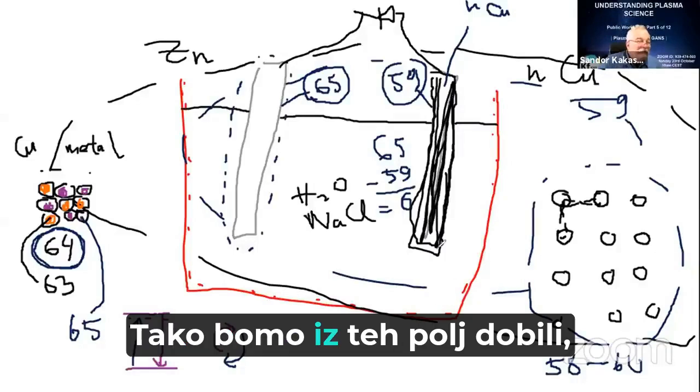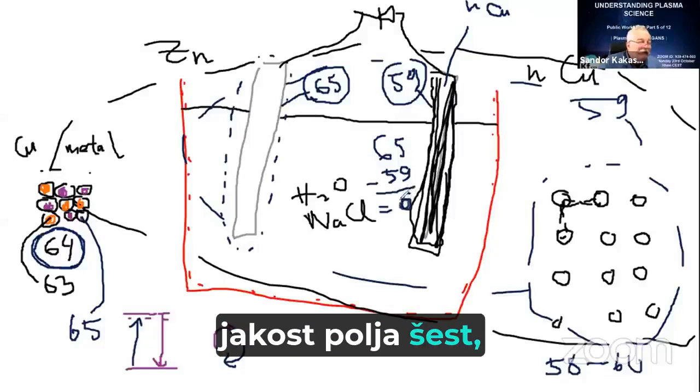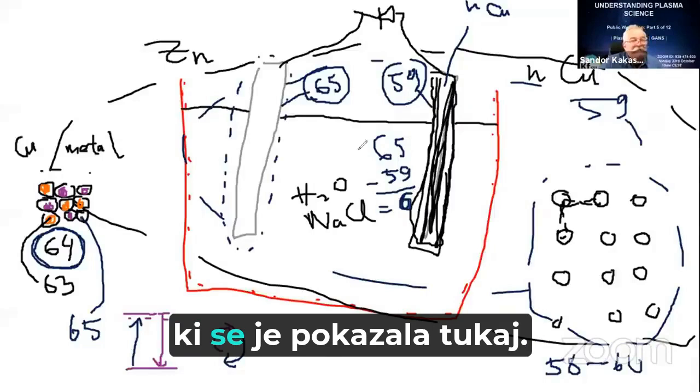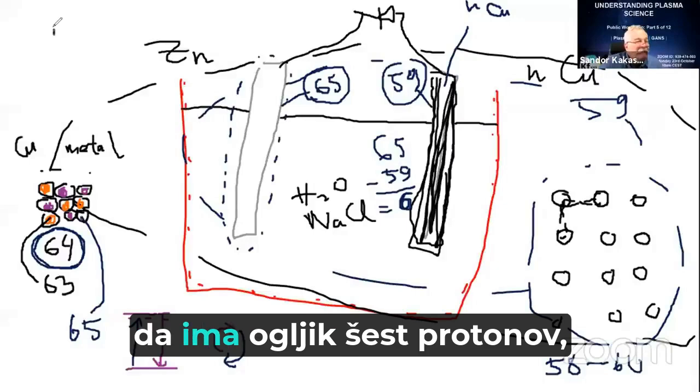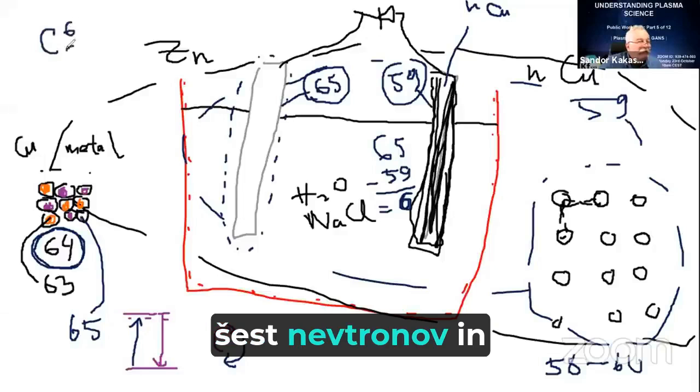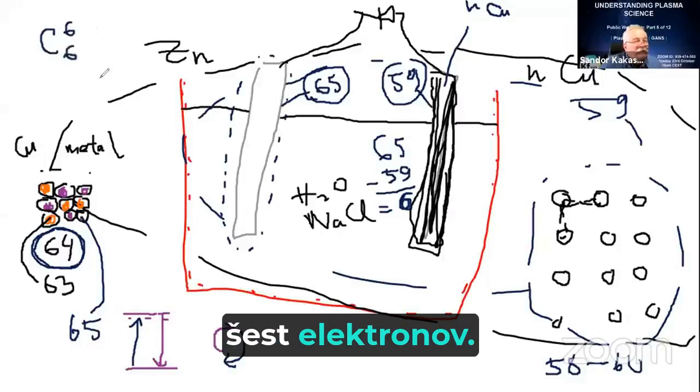So from these fields, we will get a field strength of 6, which will manifest itself here. And if you look at the periodic table of elements, we find that carbon has 6 protons, 6 neutrons, and 6 electrons.